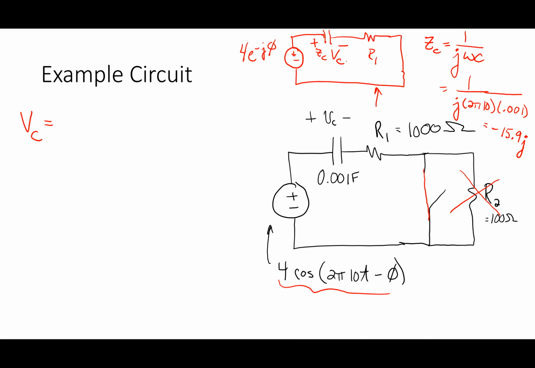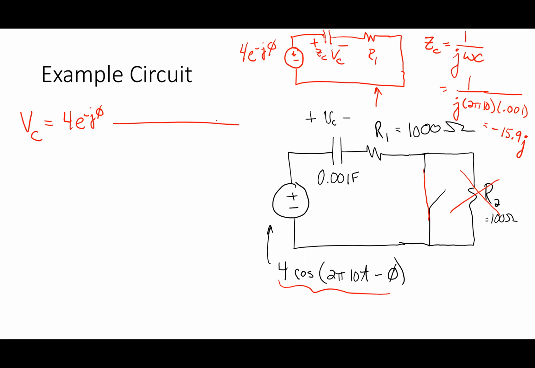How do I solve for V sub C? Ohm's law. But in this case, what kind of circuit do I have? They're in series, so I have a name for that I like to use: voltage divider. If I've got a voltage divider, V sub C equals 4e to the negative j phi times what?